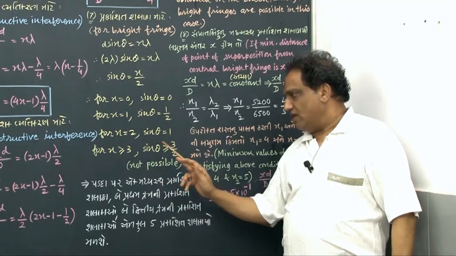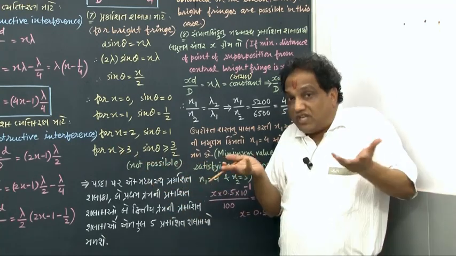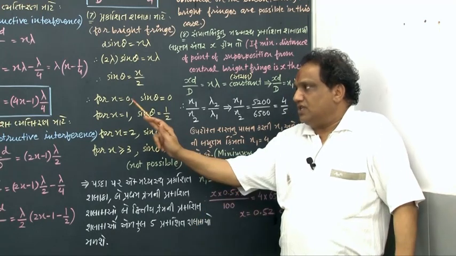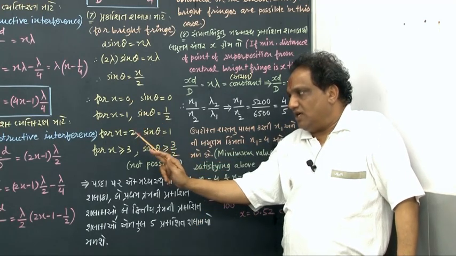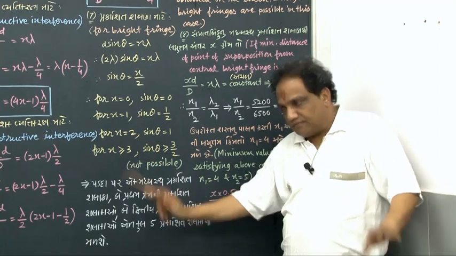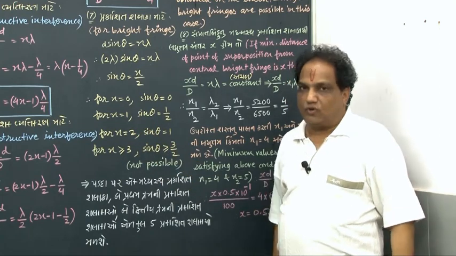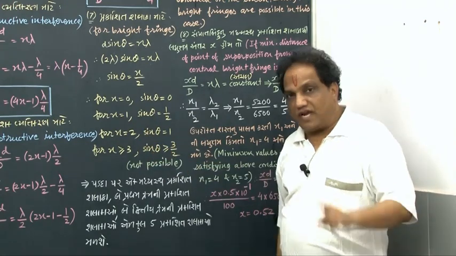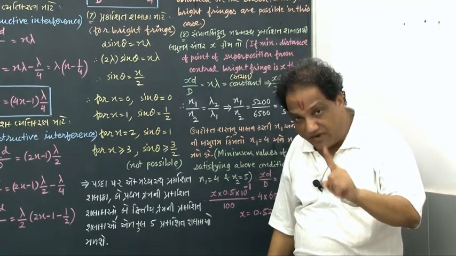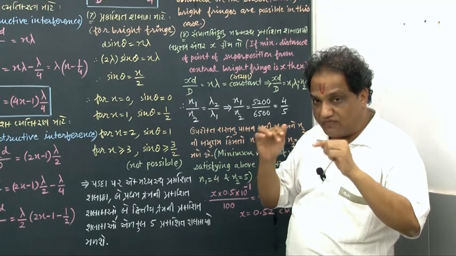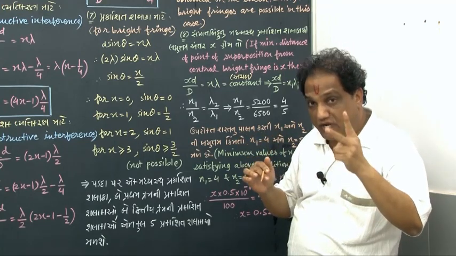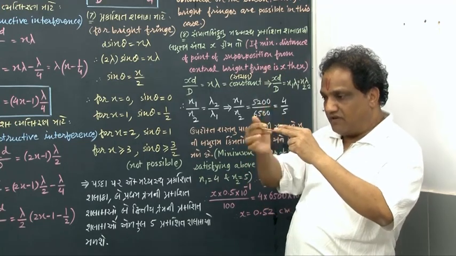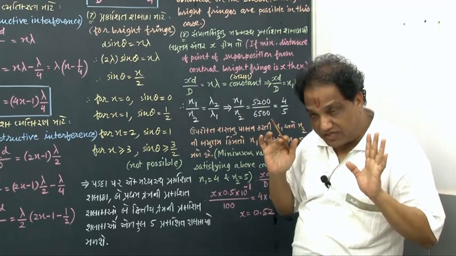Okay, so this value is not possible, correct? Then which values of n are possible? 0 is possible, 1 is possible, and 2 is possible. That's all. For n equal to 0, you will get the central bright fringe. For n equal to 1, you will get first order bright fringes, but those will be 2 in number, 1 on the upper side, 1 on the lower side of the central bright fringe.